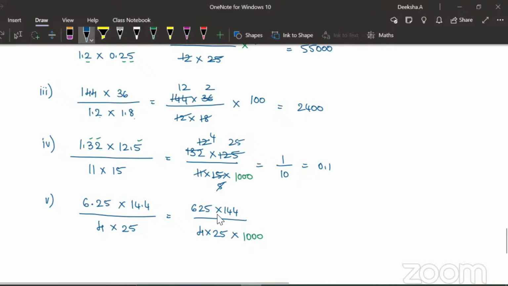Now we simplify this. 25, 25s are 625, and from 4 if I cancel, 4 3s are 12 and 24, which is 36. Now 25 4s are 100, 36, 4s are 9, and then you get 40. 4 9s are 4 10s. 9 by 10, which is nothing but 0.9. Hope it is clear. Yes, correct. 0.9. Vandit got the answer correctly.